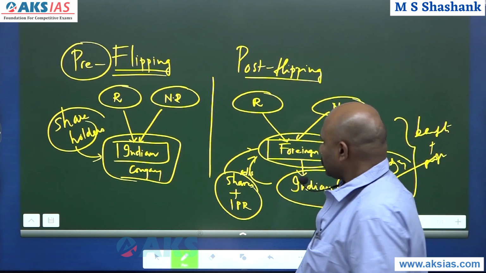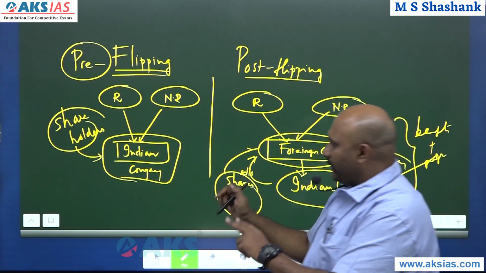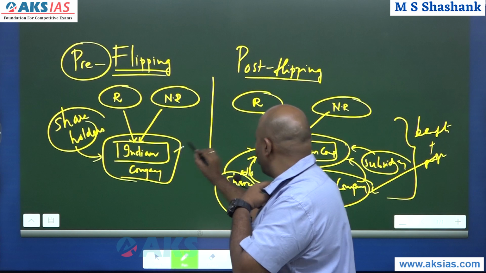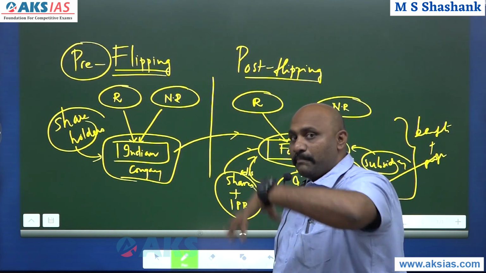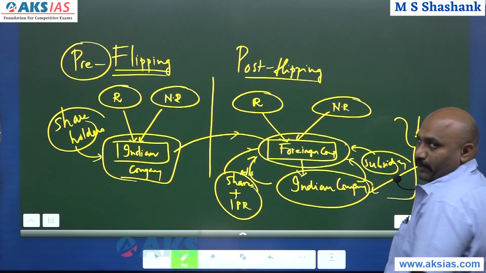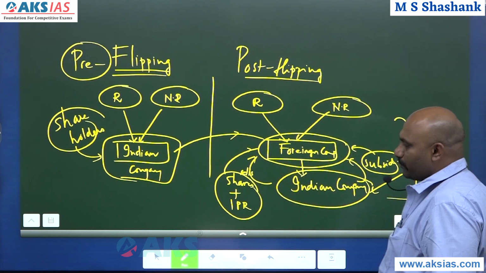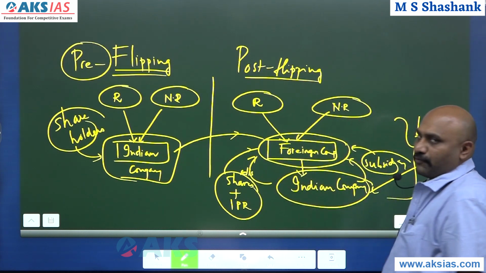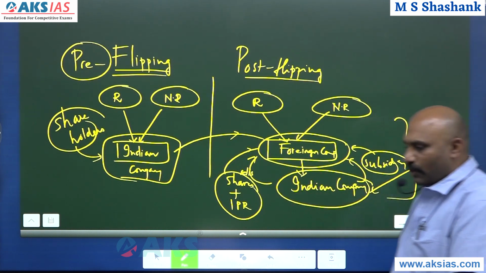So this is called the flipping model. You are flipping the ownership from an Indian company to a foreign company, but the benefits and profits are still with the Indian company. The shareholders and the IPR per se become a foreign company's, but the benefits are reaped by the Indian company. This process is called flipping.